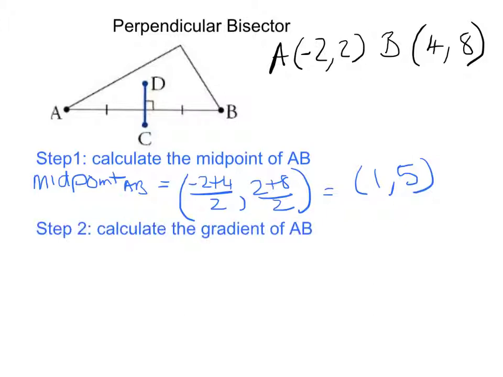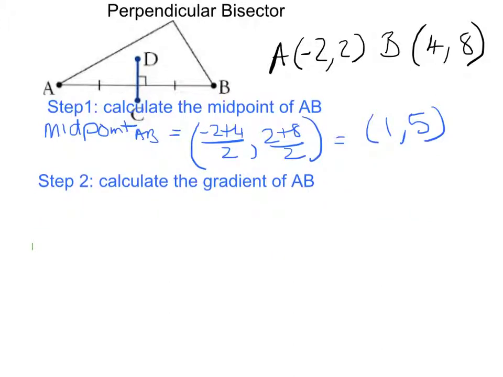So the second step is I'm going to calculate the gradient of AB. So the gradient of AB will be (8 - 2)/(4 - (-2)), which is 6 over 6, which is 1.